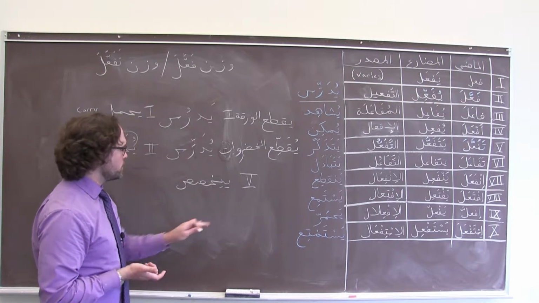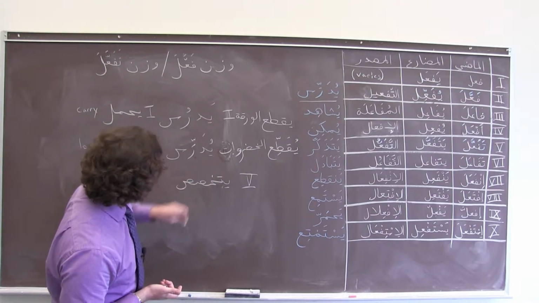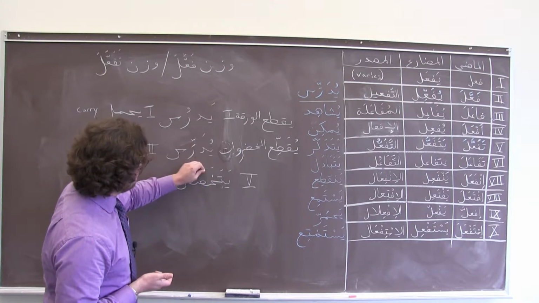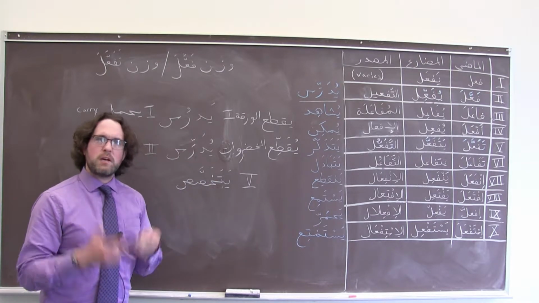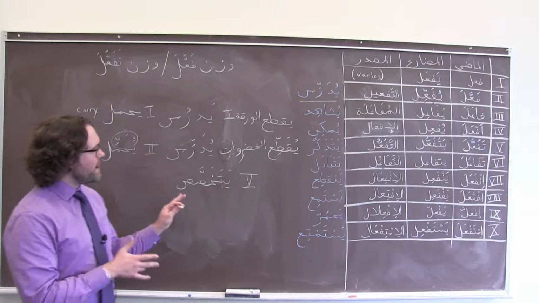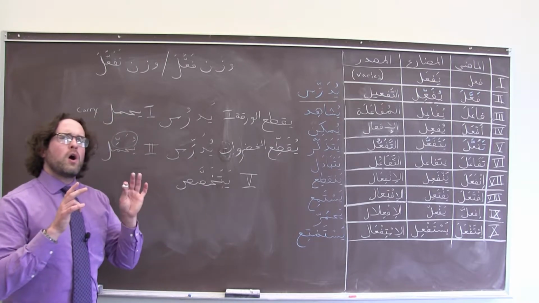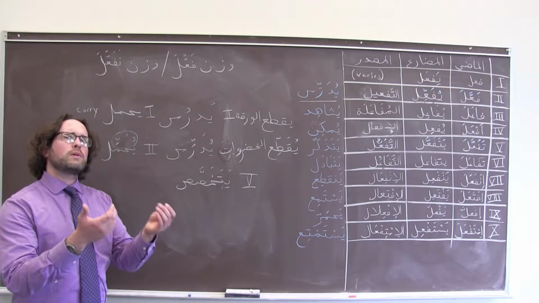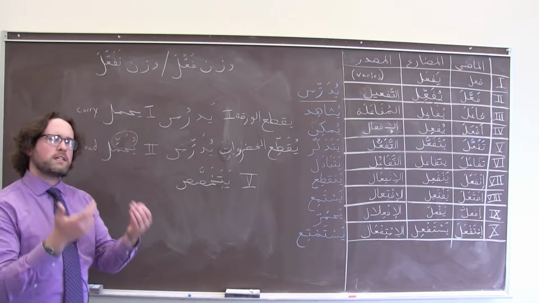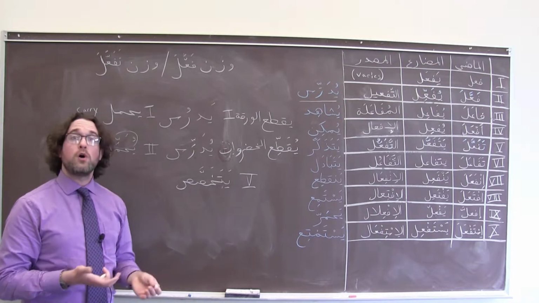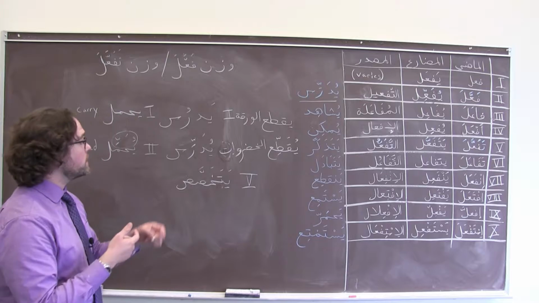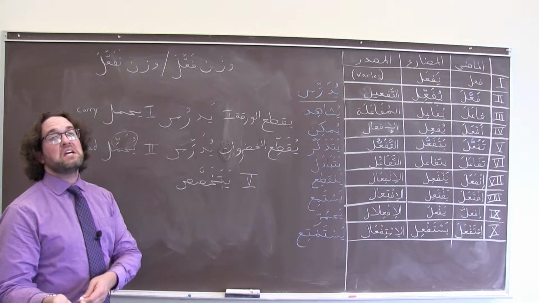Present tense conjugated for huwa. Yatakhassas, meaning to specialize. Notice that form 5 verbs, again, are usually pretty intransitive in meaning. Often they're reflexive. The subject of the verb is also the object. I can say هو يتخصص في الهندسة.